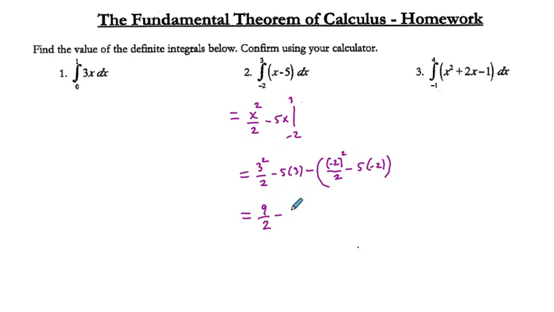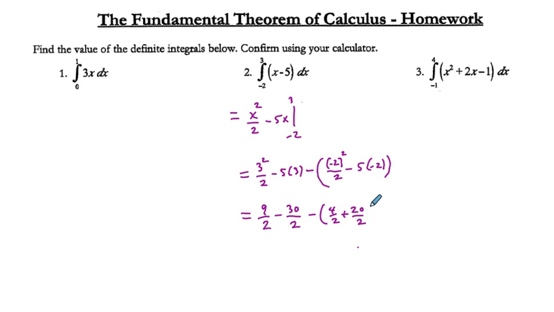Next we have minus 15, which is going to be minus 30 over 2. And then inside parentheses, we're going to have this -2 squared over 2, which is going to be 4 over 2. And then we have this minus 5 times -2 is going to be plus 10 or plus 20 over 2.